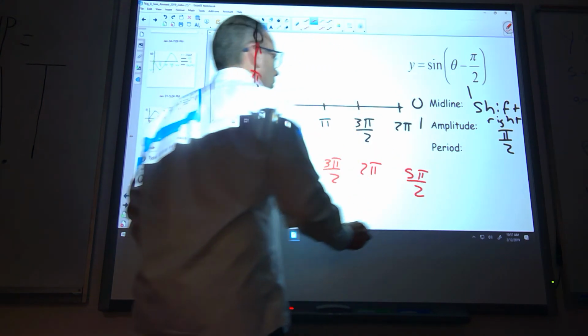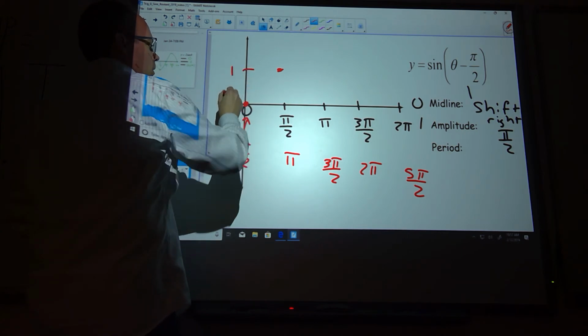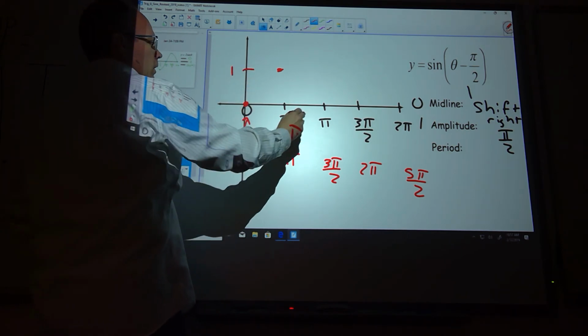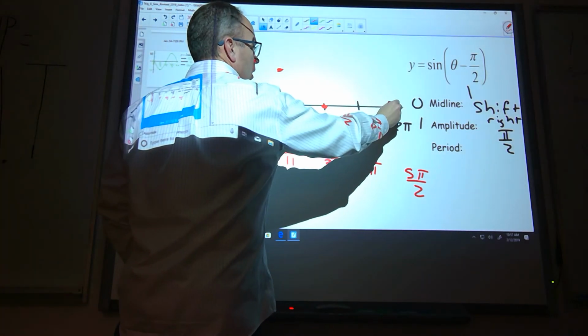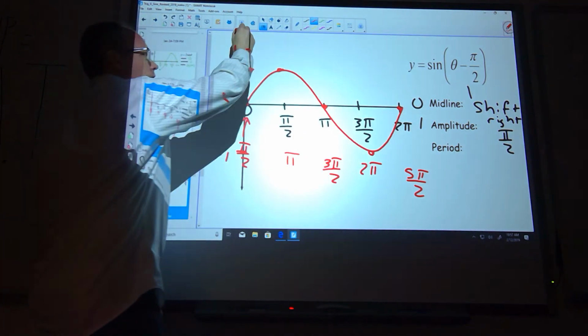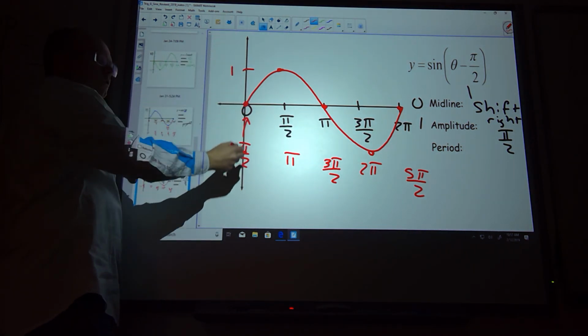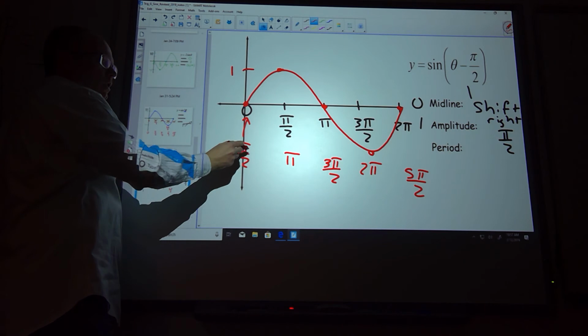Also, I mean, couldn't you just like look at it and be like shifted? Sure, if you want to work that hard. So what is this now, still the y-axis? Is this still the y-axis? No. What is that?